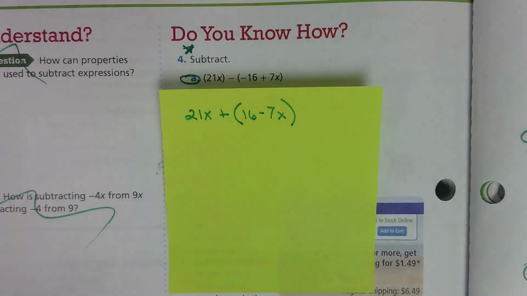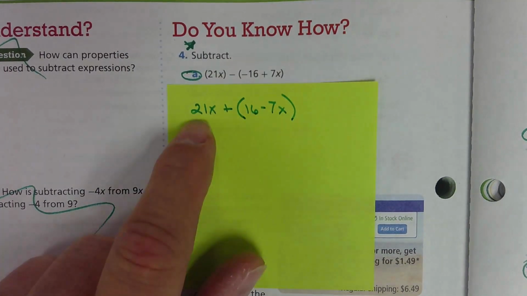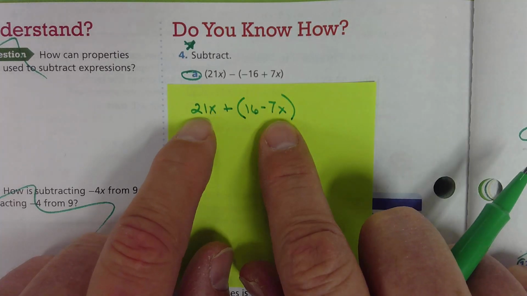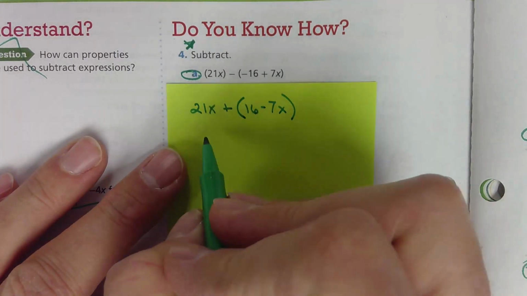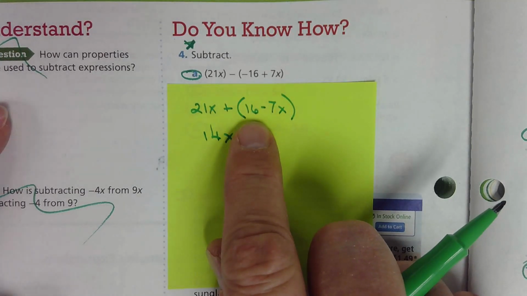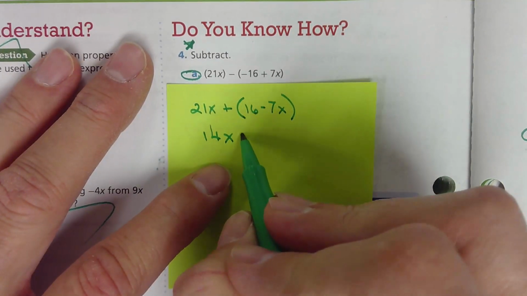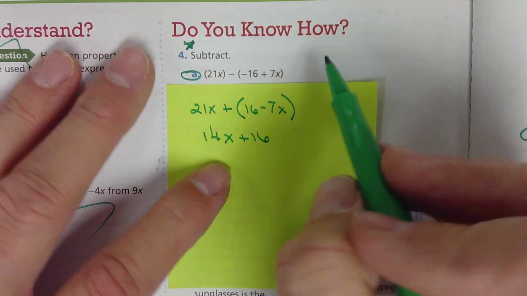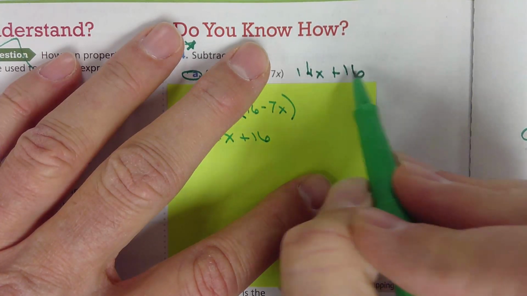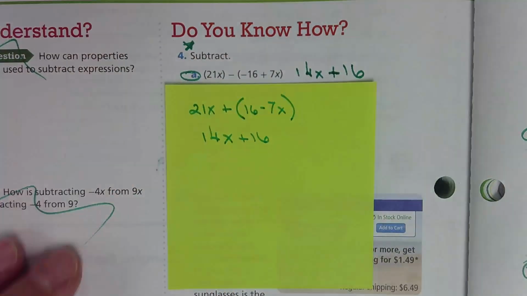All right, now I'm going to look for my like terms. Here I have a 21x minus 7x. What's that? 14x. And I can't do anything else. 14x plus 16. There's your answer. 14x plus 16. Okay.